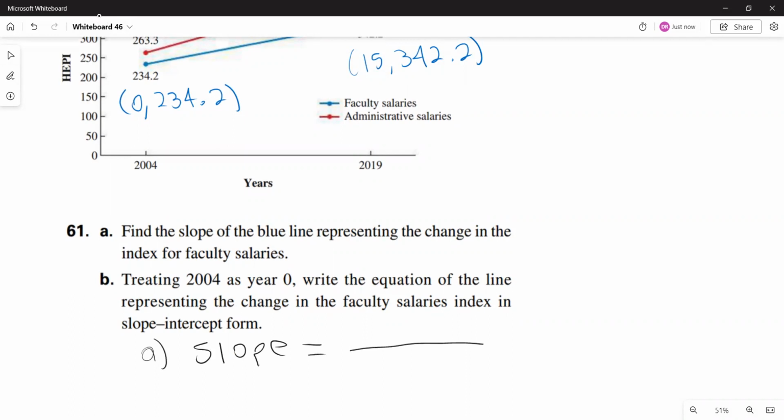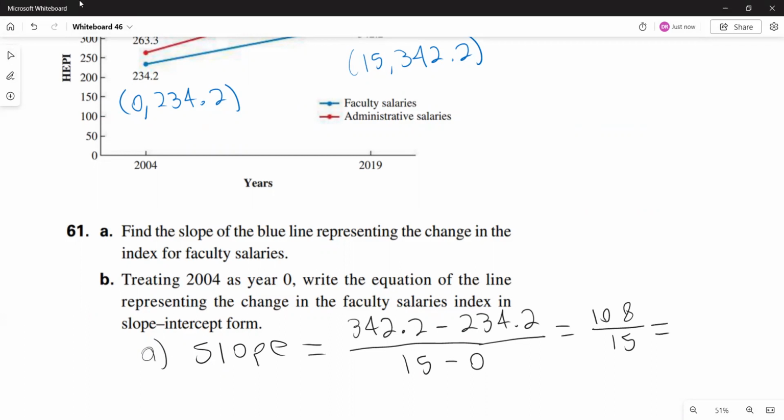It's 342.2 minus 234.2 over 15 minus 0. So 342.2 minus 234.2, that's going to be 108. 108 over 15. I'm going to put this on my calculator.